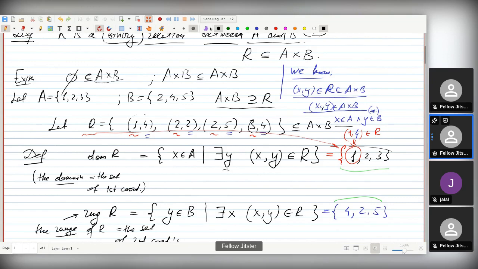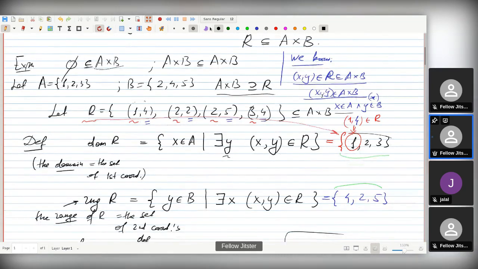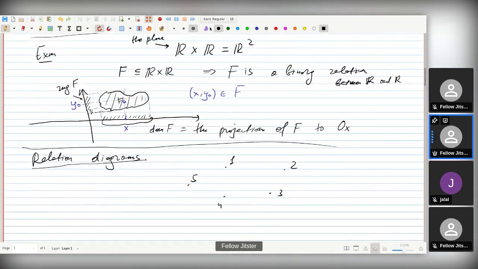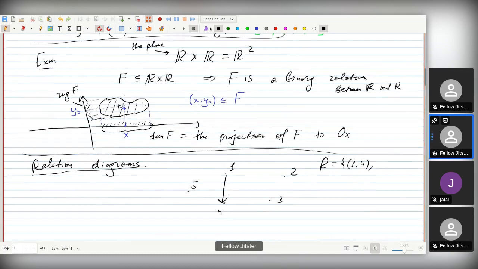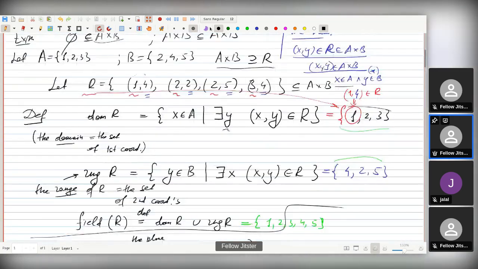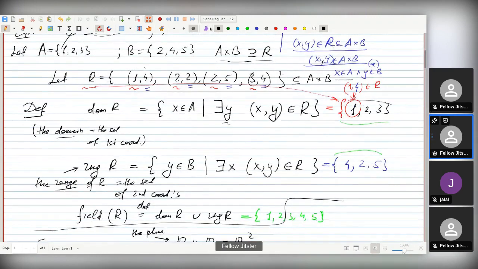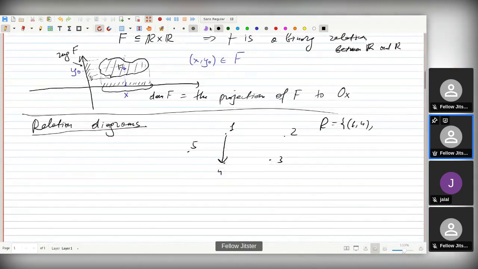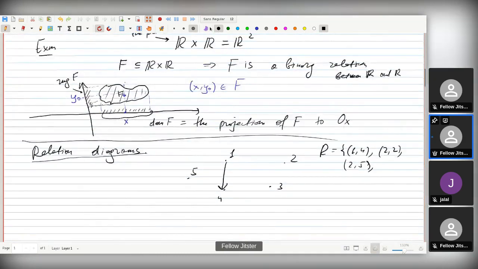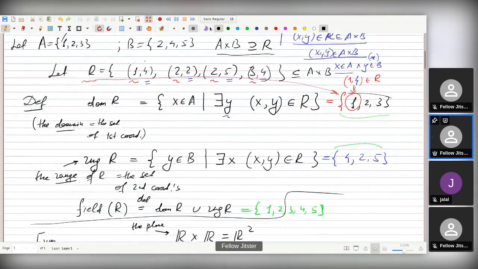This arrow is directed from 1 to 4, from the first coordinate to the second one. And this arrow depicts our pair 1, 4. Let us reproduce the definition of R. It consists of the following pairs: 1, 4, 2, 2, 2, 5, 3, 4.